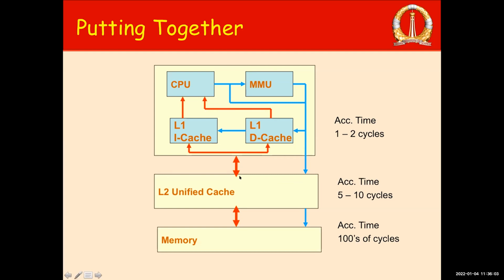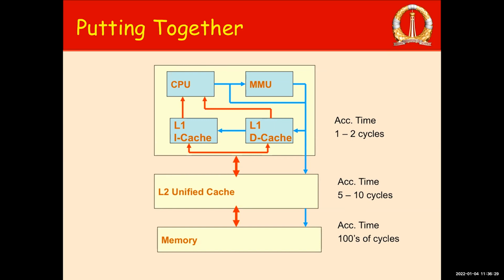If it hits there, then, for simplicity, let's say the data is brought from the L2 cache into the L1 cache and then serviced to the CPU. If it is not in the L2 cache, then of course you look in the memory, bring it from the memory to the L2 cache and then from the L2 cache to the L1 cache. And at different levels, the access times are very different.